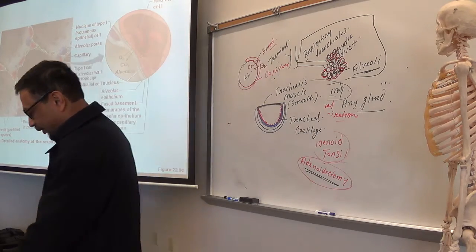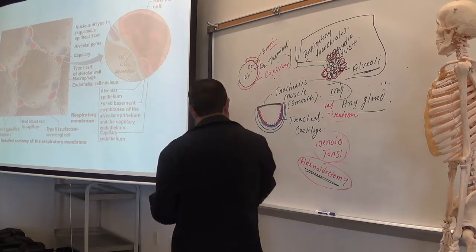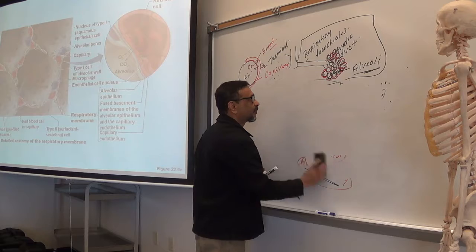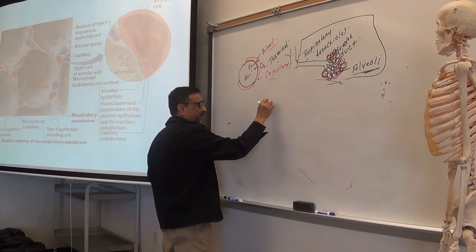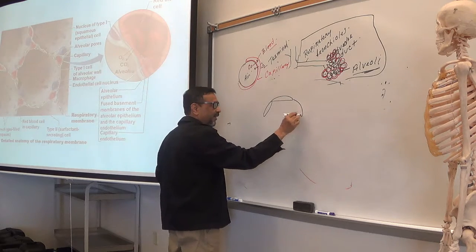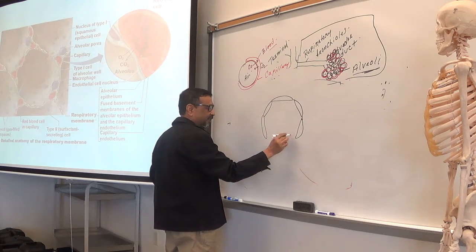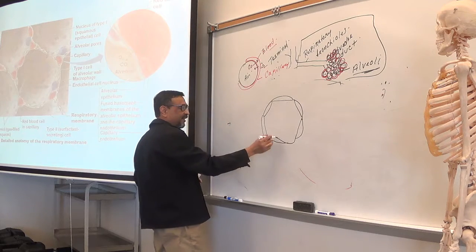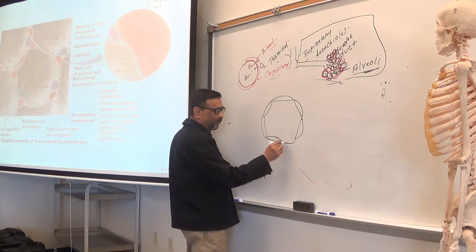Now, if you see the wall of an alveolus, if I just see one alveolus, the wall is very thin. Wall is very thin because gas exchange can easily occur through the thin wall.